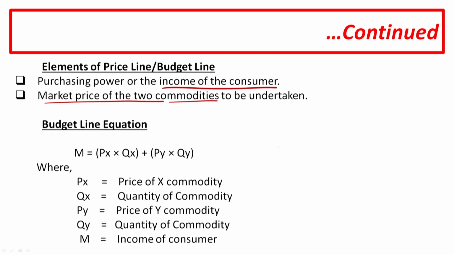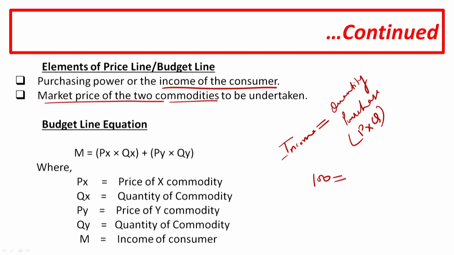So, we can say that income of the consumer is equal to quantity purchased. Quantity purchased means price into Q, because if you have an income of 100, that means you can purchase the commodity out of that 100 rupees, out of that 100 income only.